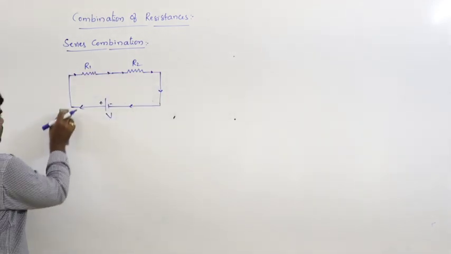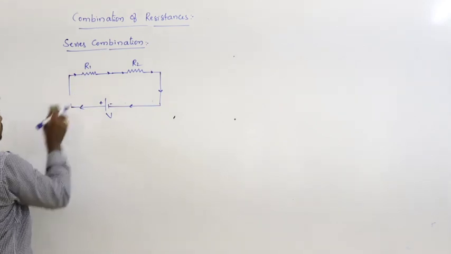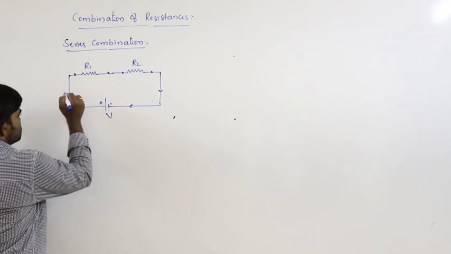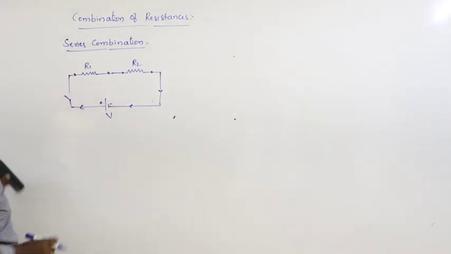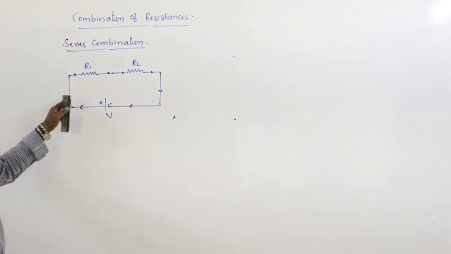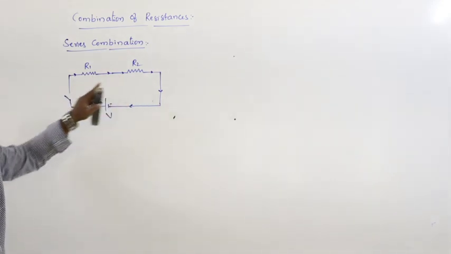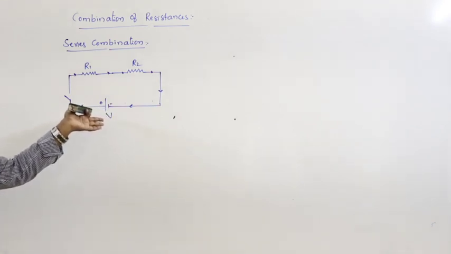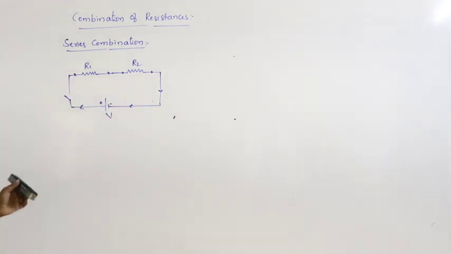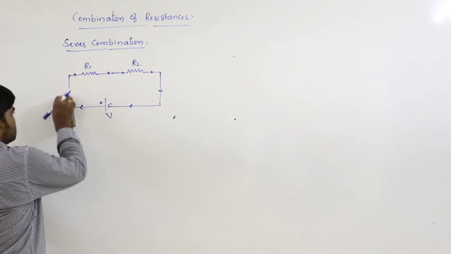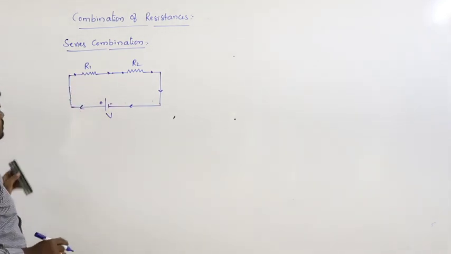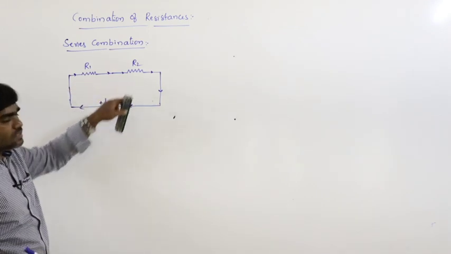For example, if you arrange one switch here, if we close this switch, then only current passes. If you open the switch, then the current does not pass. So this is the closed circuit. So the circuit is closed like this. This is R1 and this is R2.